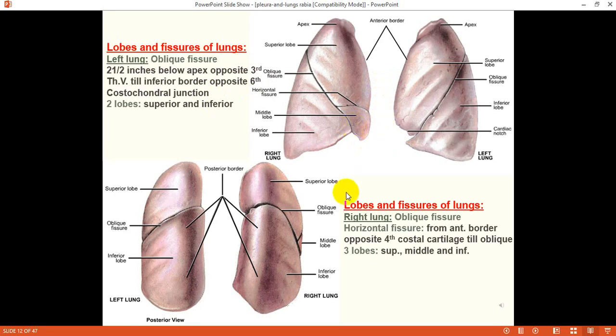Then the horizontal fissure in the right lung we can observe starting from anterior border, which is lying at the level of 4th costal cartilage, up to the oblique fissure.